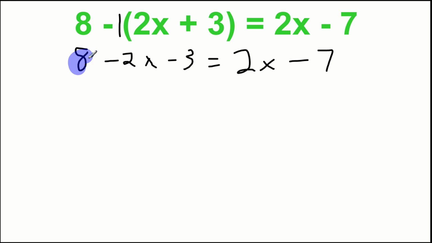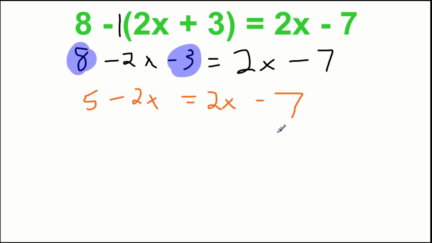Then we combine like terms. I got an 8 and a minus 3. 8 minus 3 makes 5. Got the minus 2x equals 2x minus 7. We got to get the variables to the same side. So we want to move the lower one. We move it by doing opposite. So I add 2x.